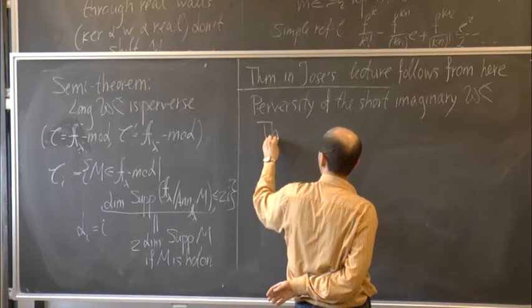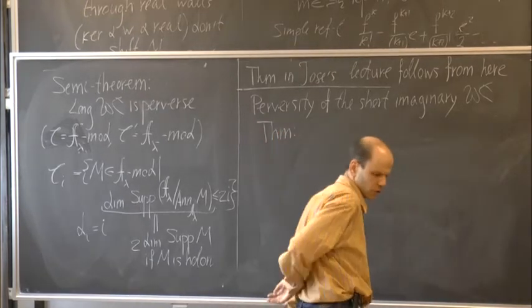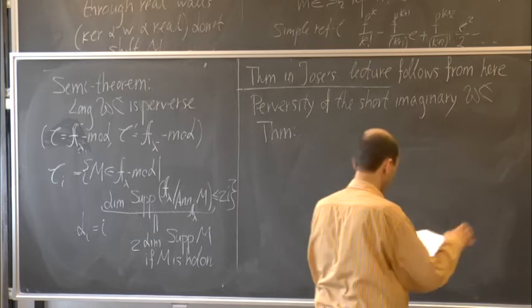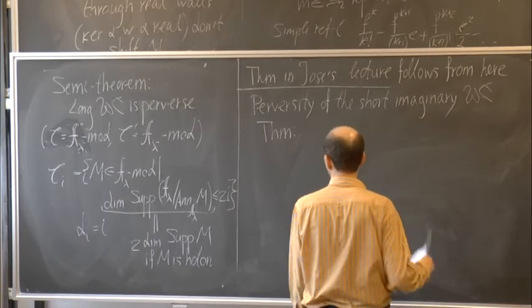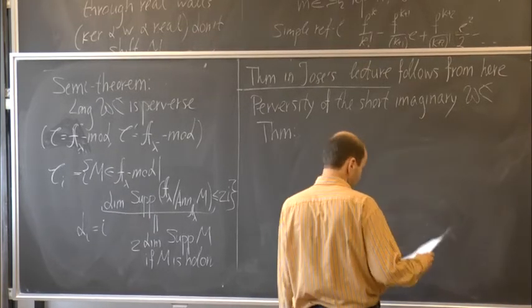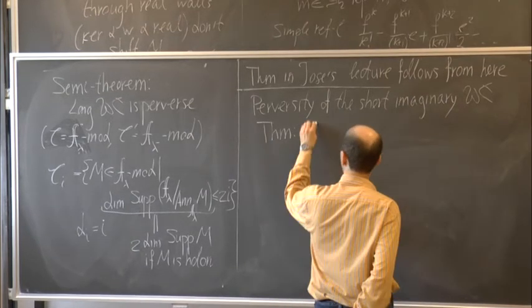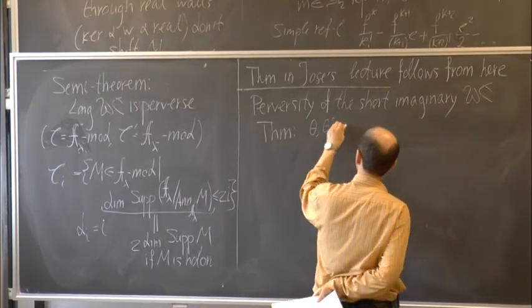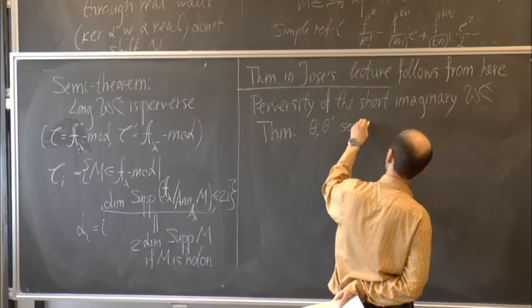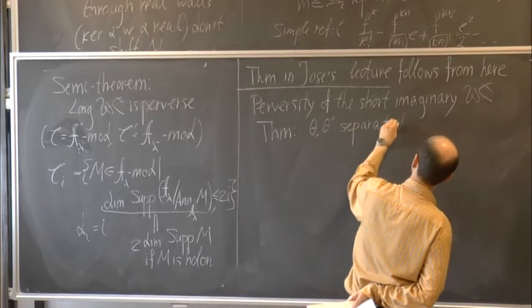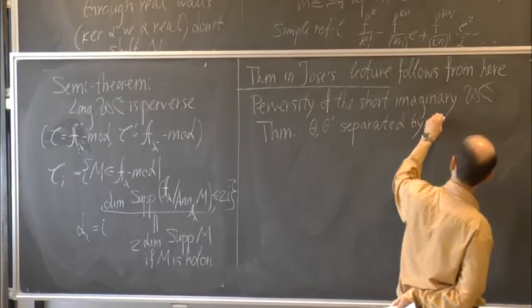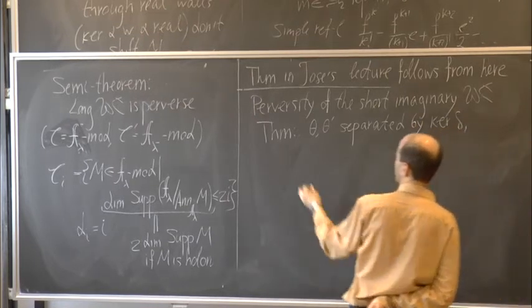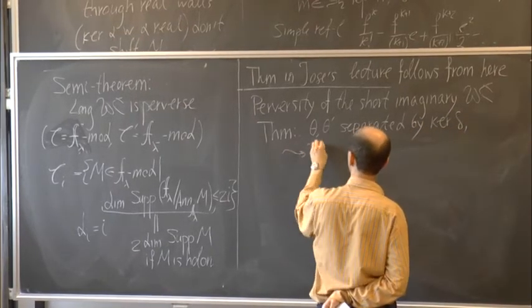So for the theorem, I will need some notation. So I have theta and theta prime. These are separated by Ker delta. And I have corresponding lambda and lambda prime.